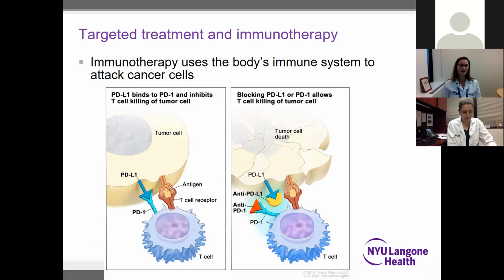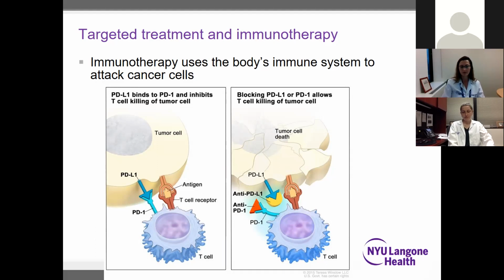Some of the types of medications we use here, basically what cancer cells do, you can see here on the left, is the tumor cells, which are these big yellow diagrams, have an interaction with the immune cells that basically tricks them into thinking that they're normal. It's the cancer's way of tricking your body into not recognizing that it's even there.